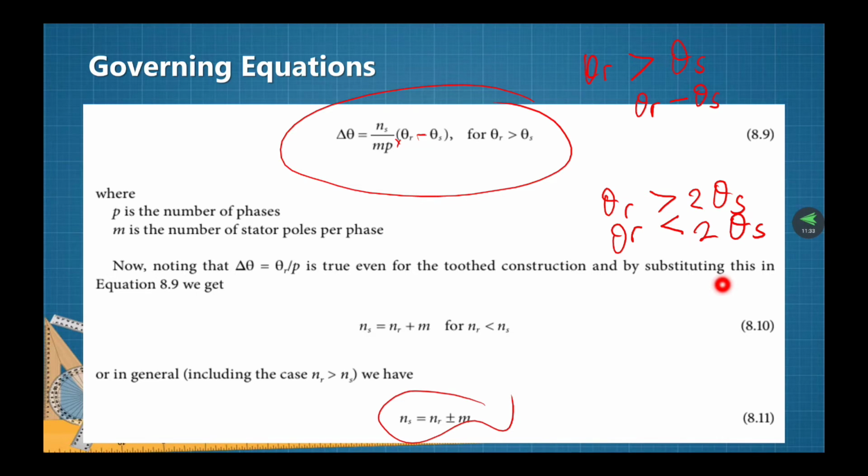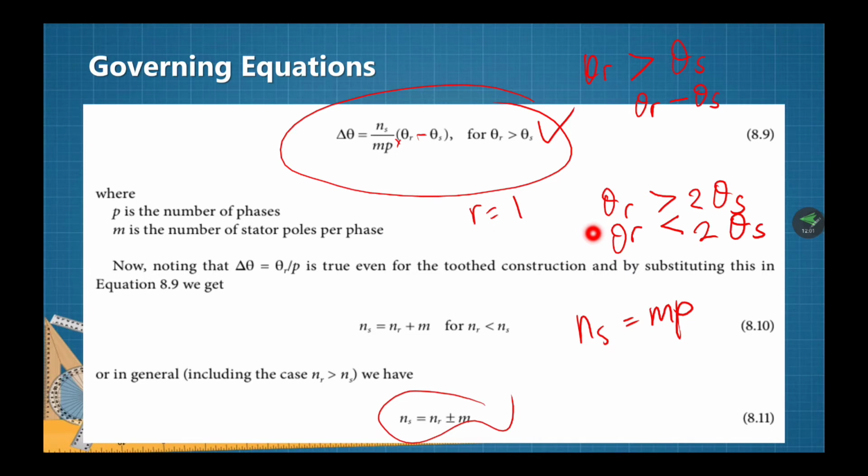Also we recall that when the stator teeth are interpreted as stator poles, we have ns equals mp. Then this equation can be reduced for r equals 1.